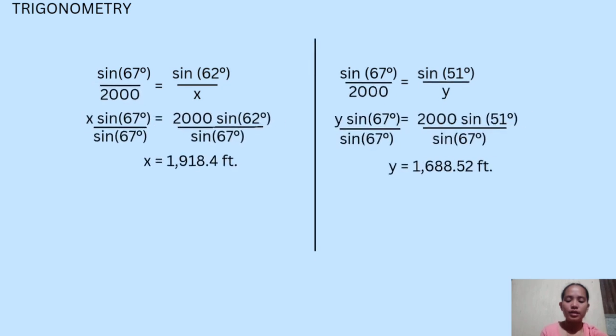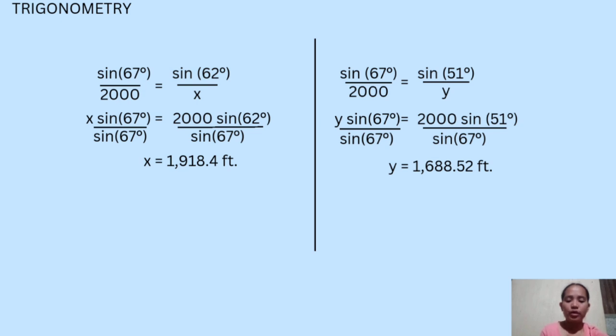Sine 67 degrees over 2000 equals sine 62 degrees over x. We cross multiply sine 67 degrees and x. So we have x times sine 67 degrees over sine 67 degrees, and cross out these two because we are only looking for x.